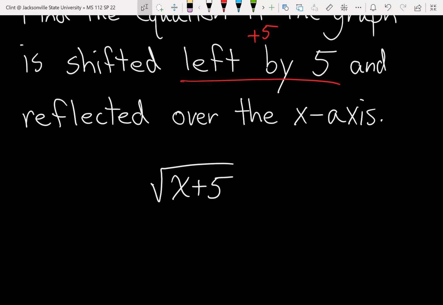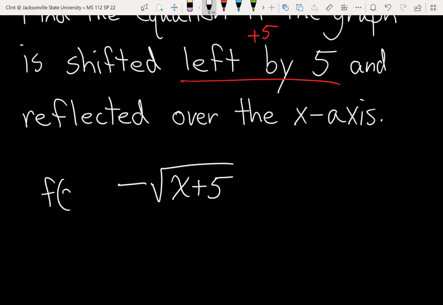And then if we want to reflect over the x-axis, I switch the top and the bottom. So we need a minus sign. So should our minus sign go out in front of the radical or should it go in front of the x? This one is a little hard to remember. We want to flip top and the bottom. We really want to switch the signs of all of our outputs, so we could put the minus sign out in front of the whole thing.